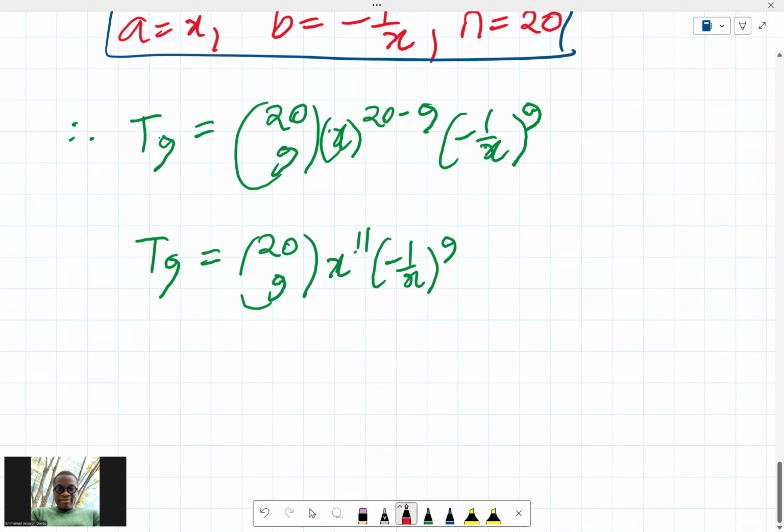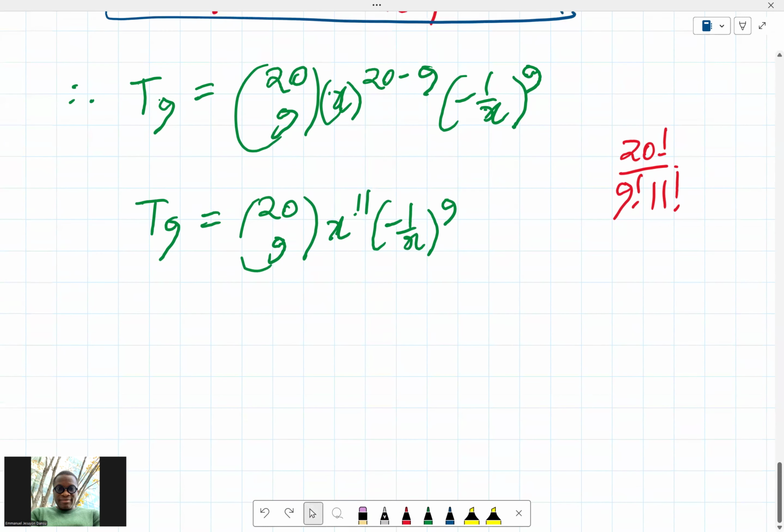Okay, so what is 20 combination 9? Can we quickly do that? So 20 factorial over 9 factorial, 11 factorial. Maybe we can even leave the answer in terms of factorial. Or I can just punch the calculator for that.